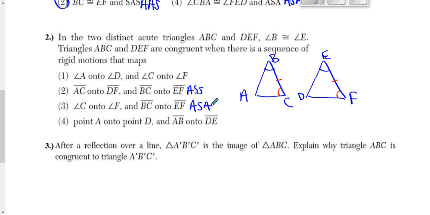Angles and sides, not points, right? So that one, if it had said angle A and angle D, would have been a correct choice. But it said point. Everybody get that silly little distinction there? That's one of the ways they always try and catch you.